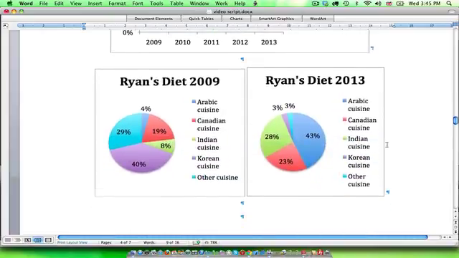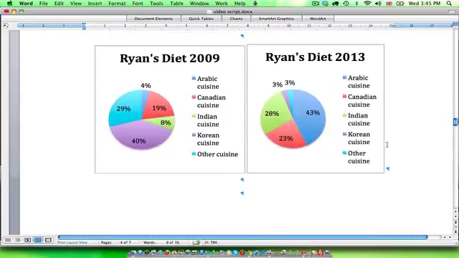Here we have the same information shown in two data sources. So these two pie charts show the difference in my diet between 2009 and 2013. So we see that Arabic cuisine, which started at 4%, had a major jump to 43% in 2013. This is Korean cuisine, which started at 40%, fell to 3%.